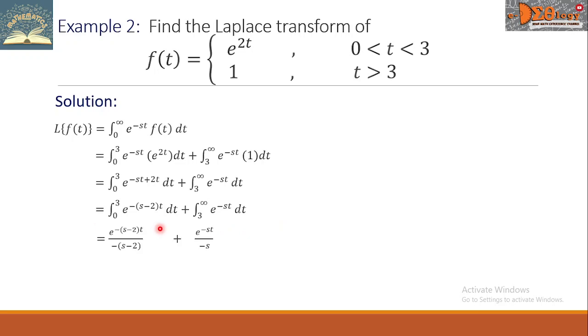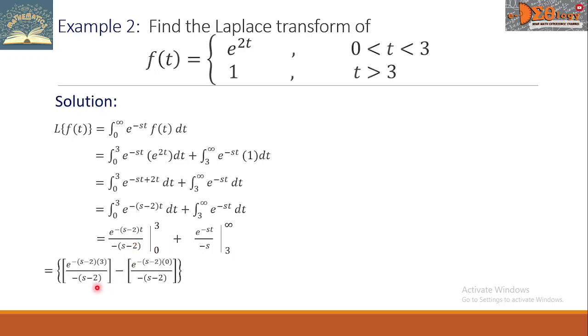For the first integral, it becomes e raised to the negative of s minus 2 times t all over the negative of the quantity s minus 2, plus the second integral becomes e raised to negative st all over negative s. For the first integral, we will evaluate from 0 to 3. For the second integral, we will evaluate from 3 up to infinity.